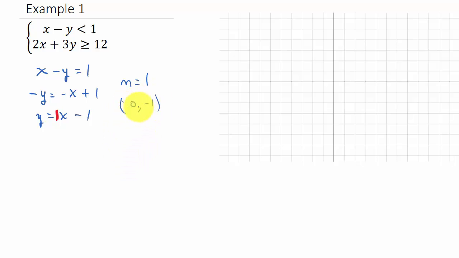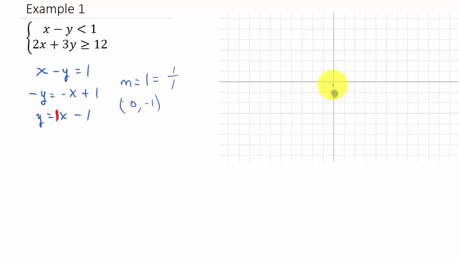Okay, so let's plot our y-intercept, (0, negative 1). Now my slope is 1, but I can look at it as 1 over 1. I'm going to use rise over run to graph it. So that means I'll go up 1 and to the right 1.